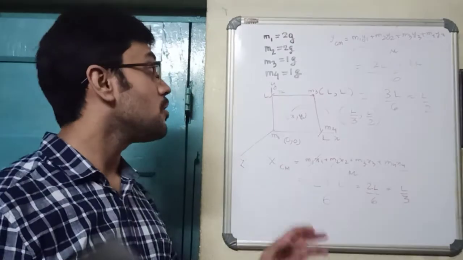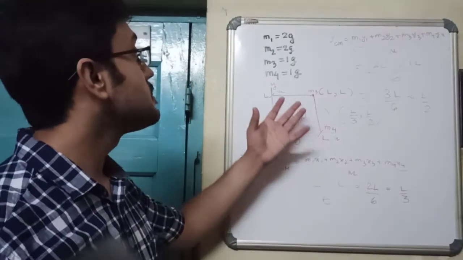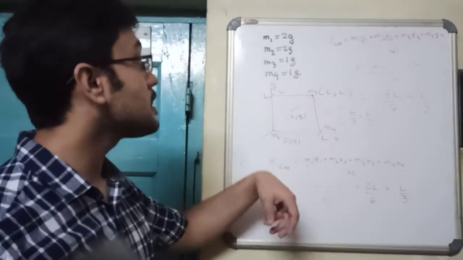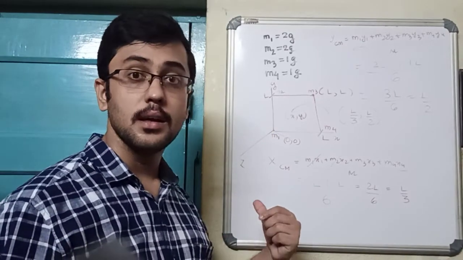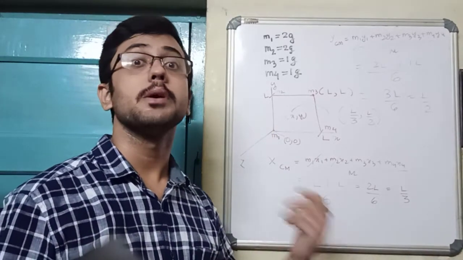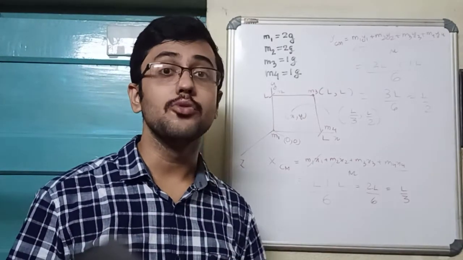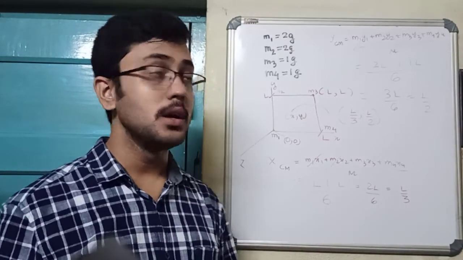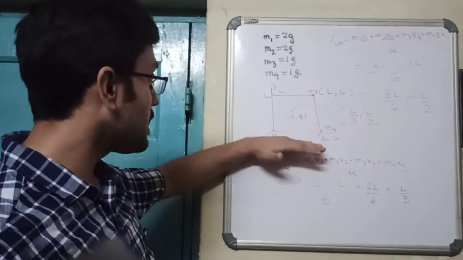And as you saw, I solved for x and y coordinates separately. If these masses had some orientation with respect to the z-axis, then I could have solved it with respect to the z-axis as well. But it is said as a square. They haven't said it's a cube. So a square is a two-dimensional figure. So I could have taken, instead of the xy plane, the yz plane or the xz plane.